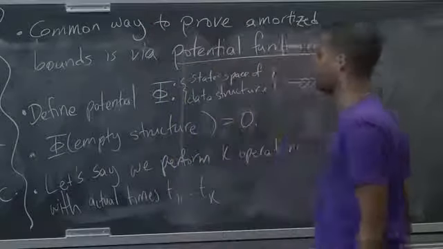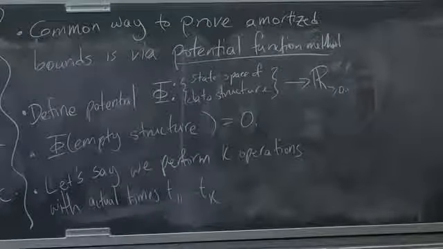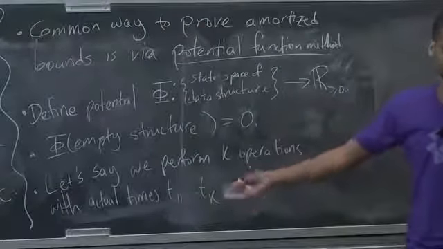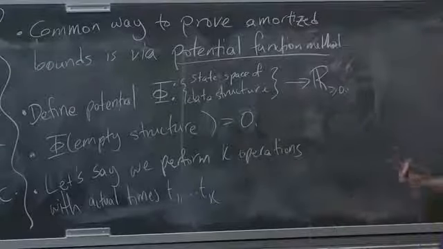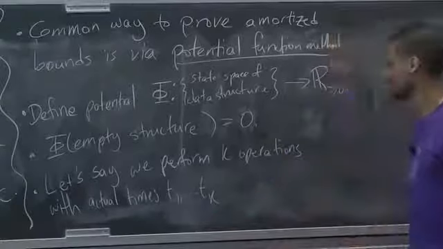So here I don't mean we support k different types of operations. I mean, suppose we actually have a sequence of operations on our data structure, for example, k insertions or k searches or something. And the actual running time of the ith operation is T_i.